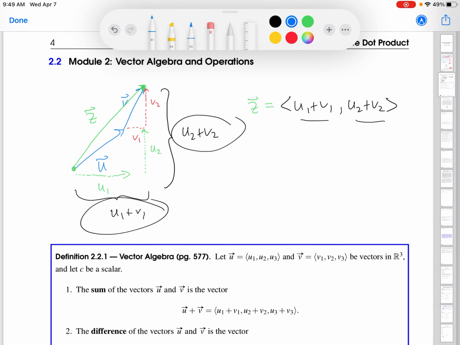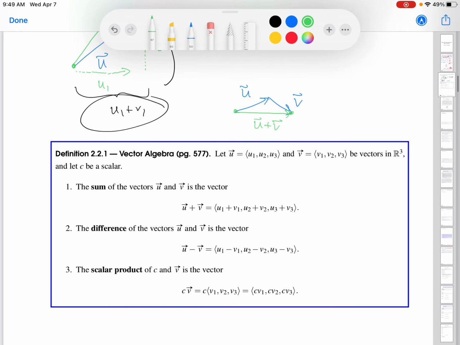If you want to add a vector u to a vector v, you move the vector v so that its initial point touches the terminal point of the vector u. And then you draw the vector that goes from the initial point of u to the terminal point of v. And that vector is u plus v. So that's a nice visual way to add vectors.